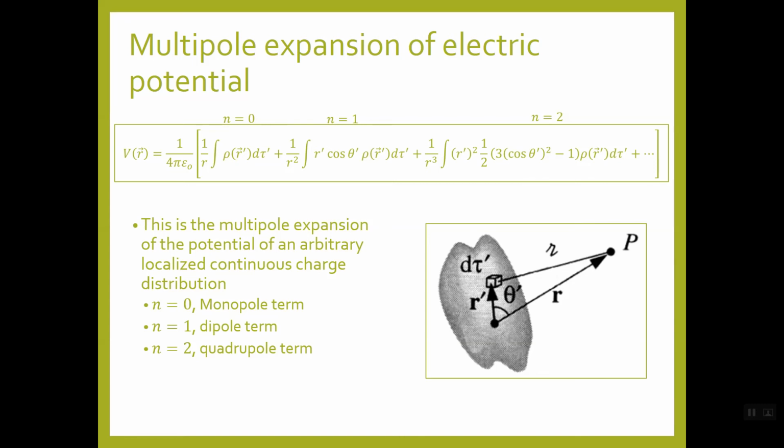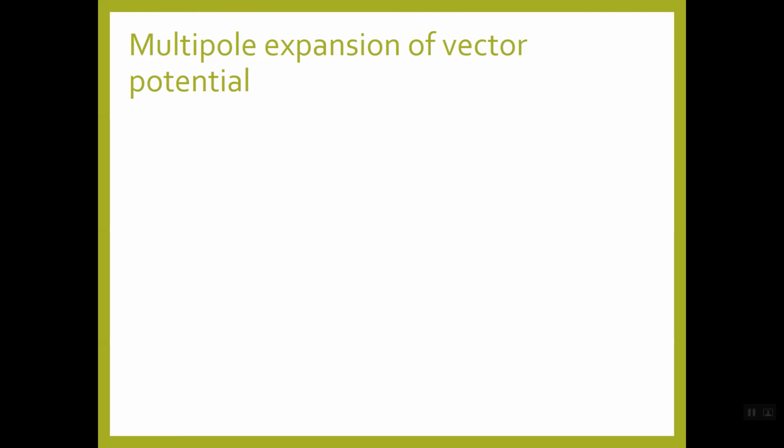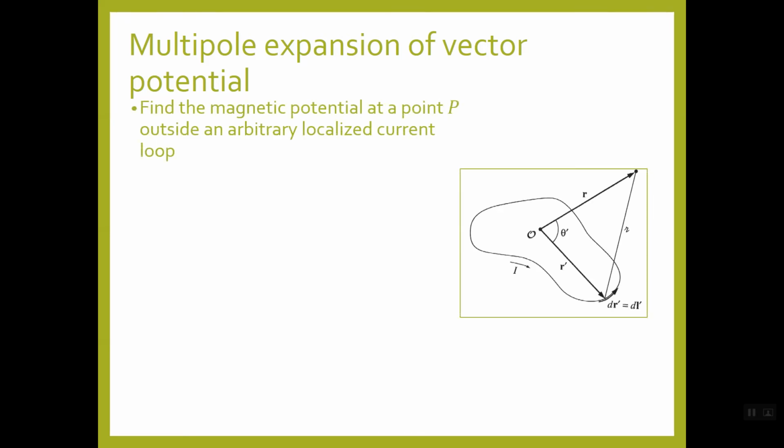So we're going to try something similar now for the expansion of our vector potential. This time we want to find the magnetic vector potential at a point P in space outside an arbitrary localized current loop.